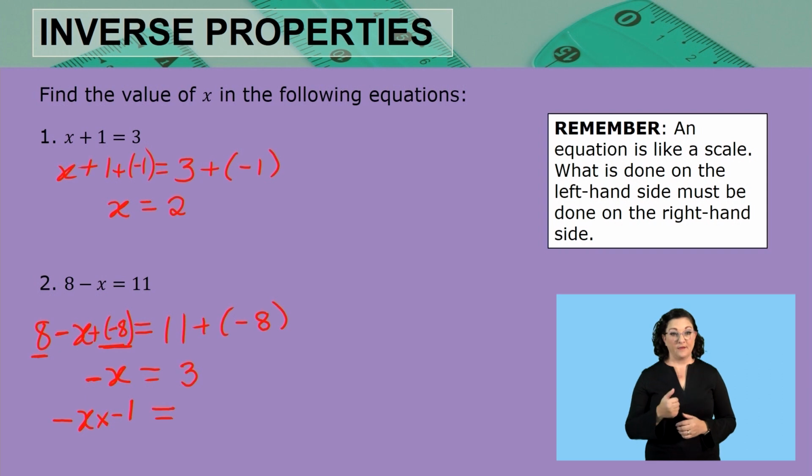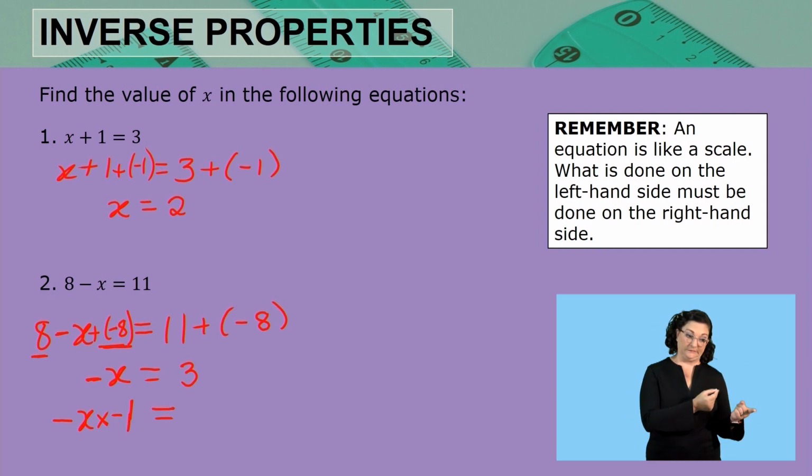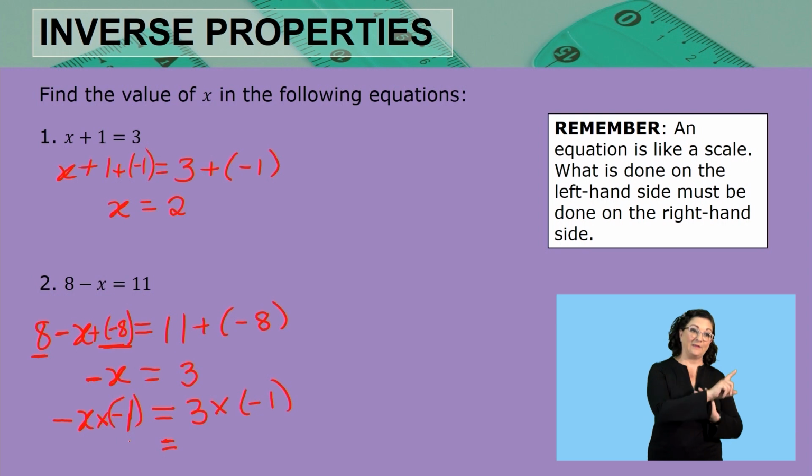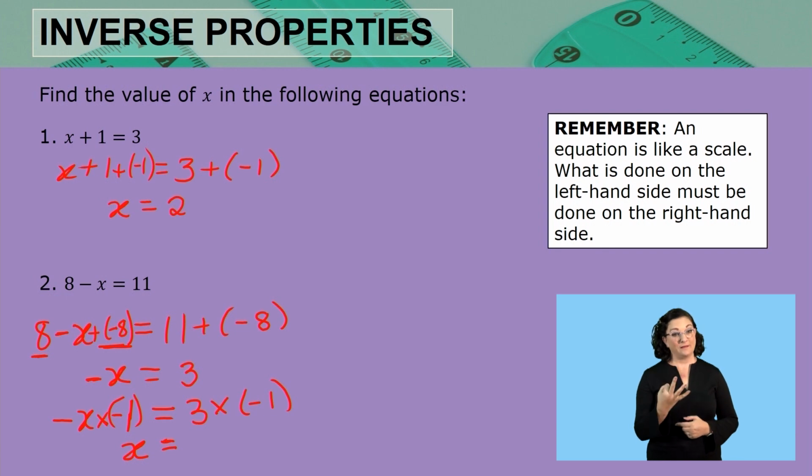And again, what I do on one side of the equal sign, I have to go and do on the other side as well. So even here, we will be multiplying by a negative 1. So what is going to happen here? We have a negative x multiplied by a negative 1. That will give us a positive x. And on the right-hand side of the equal sign, we have a 3 multiplied by a negative 1. That will give us a negative 3. It means that the answer here for x is a negative 3.